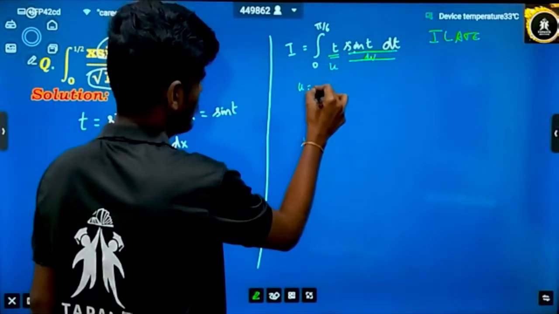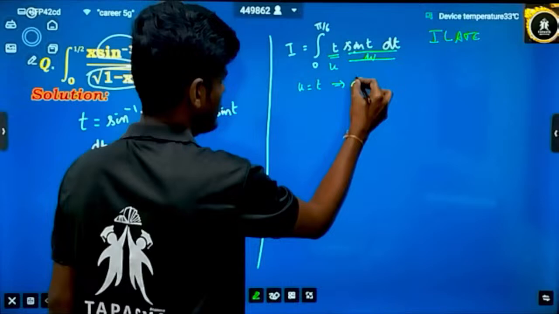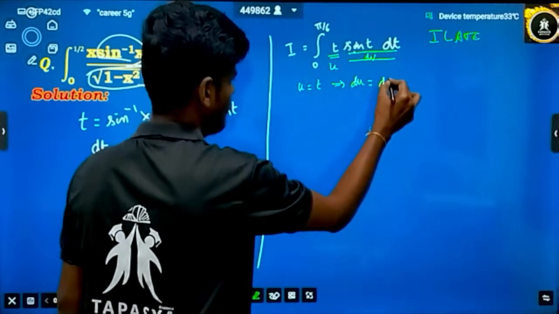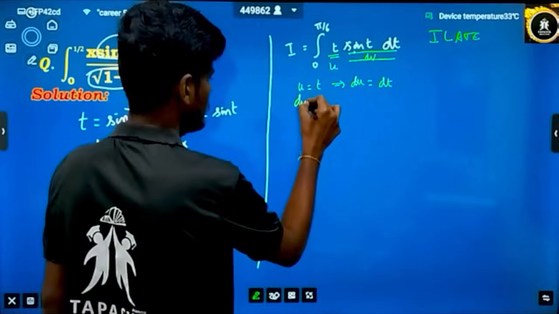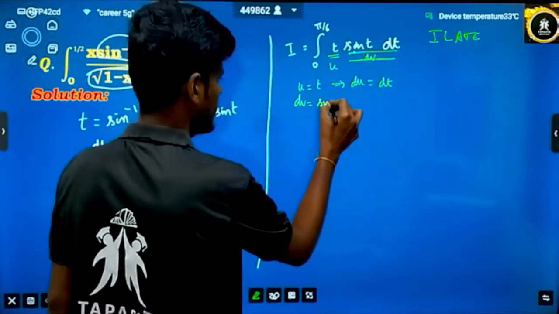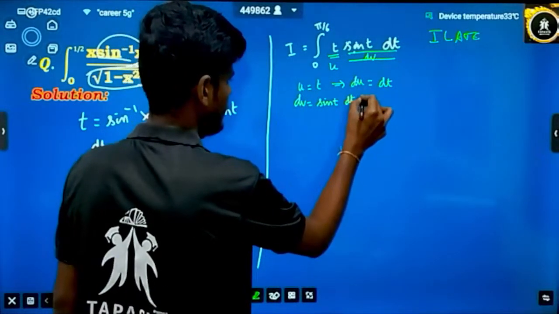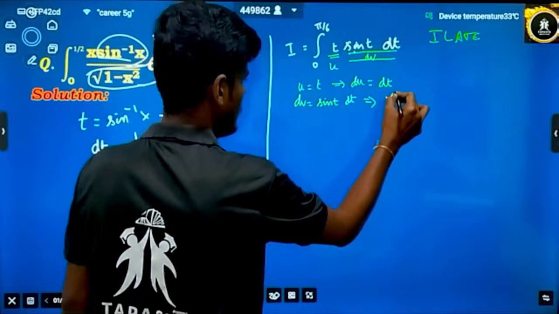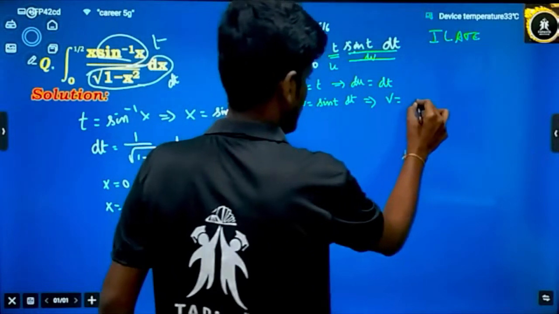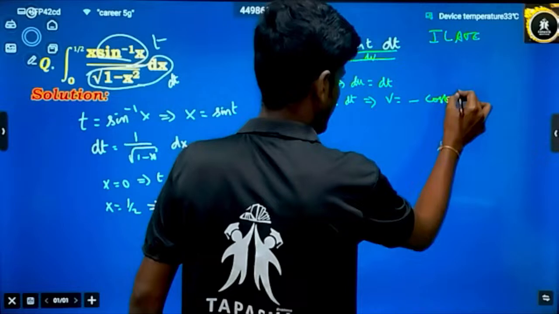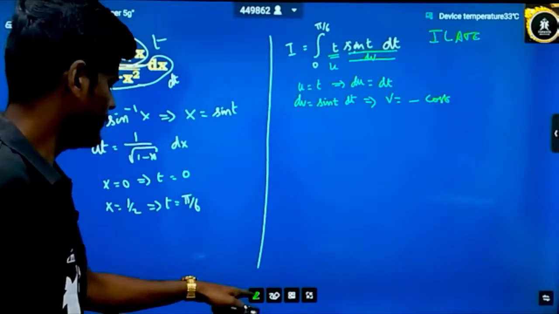Okay, now u is equal to t, which means du is equal to dt. Similarly, dv is equal to sin t dt, which means what is v? V is nothing but integral of dv, that is minus cos t.